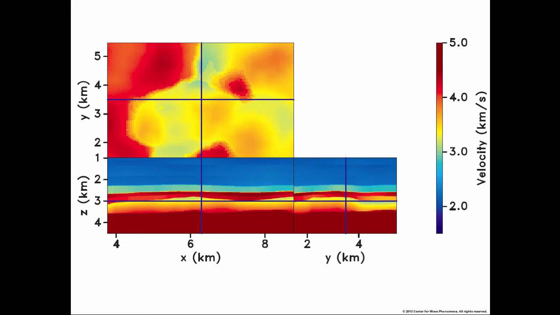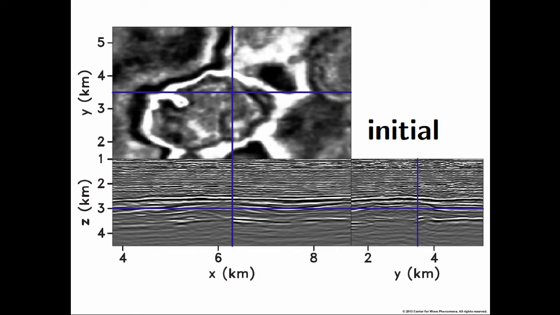So in the rest of the example, I will focus only on the image part. So basically, we just test whether our algorithm can improve the focus of the image. So here is the image corresponding to the initial model. In this case, we will focus on the reflection event around 2.8 kilometers in depth, because that's the main reflection in this model.